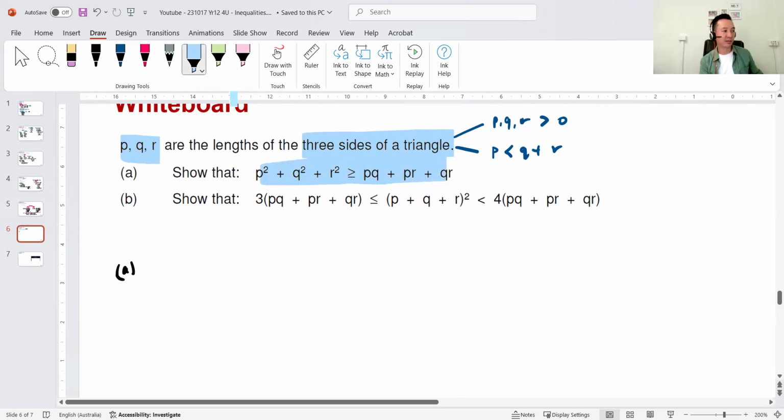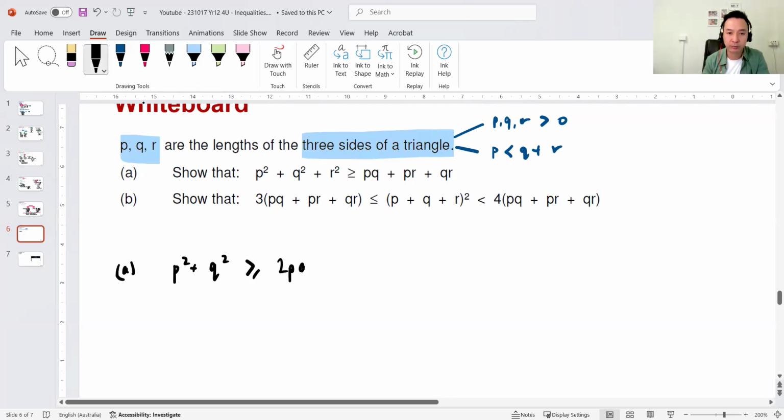So for those that have done this before, part A, we just add them. So we start with the original grammar, to PQ. There's 3 of them.